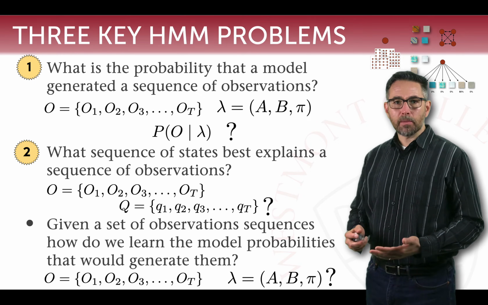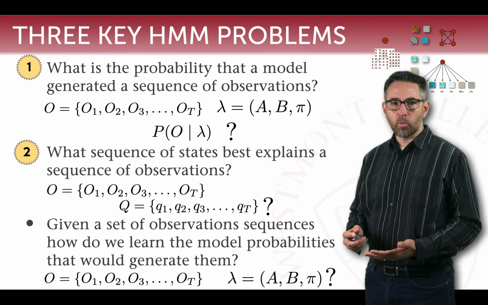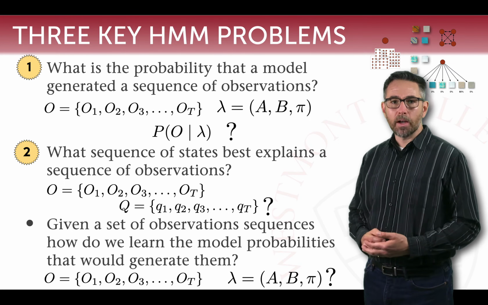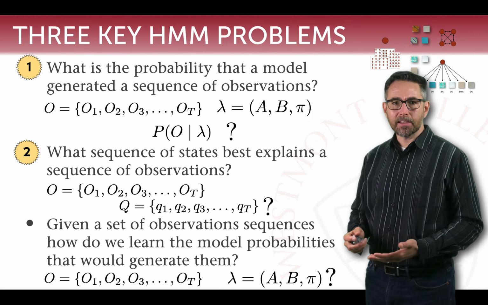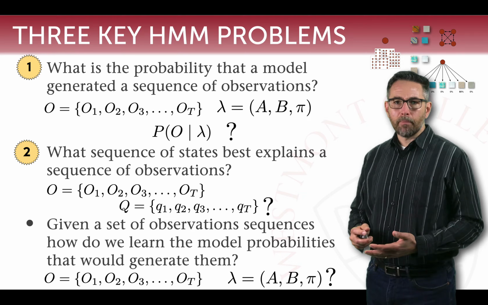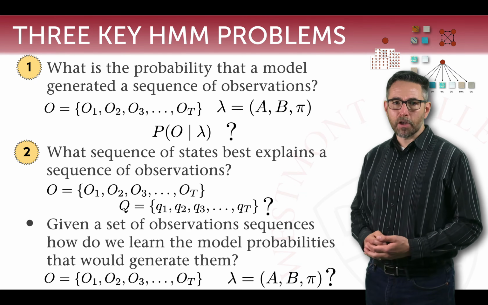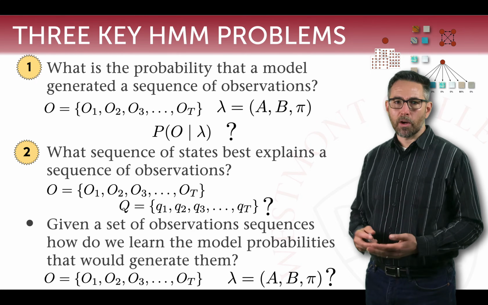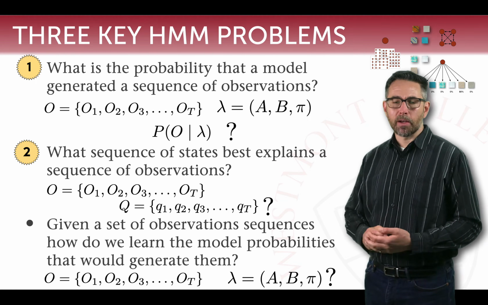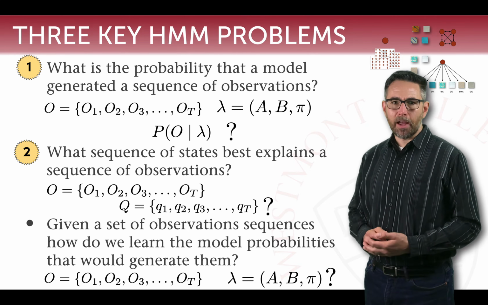We demonstrated 2 algorithms to solve this. One was a state-by-state algorithm in which we calculated the gamma parameter, but the more helpful way to solve this was through the Viterbi algorithm, which tries to find the most likely sequence of states that would generate the observations, where those states have to be accessible from one to another. So that was the Viterbi algorithm.